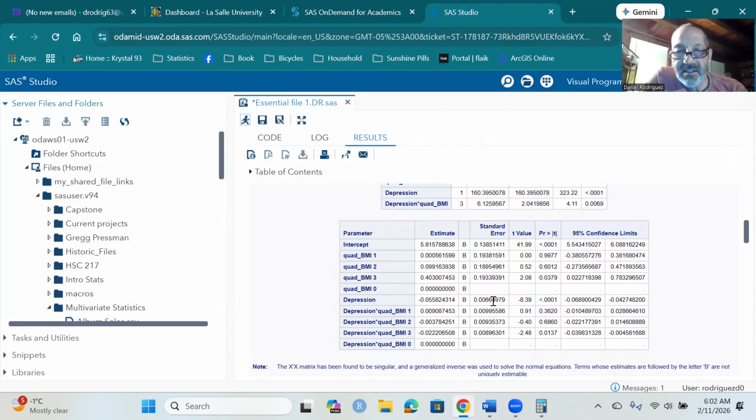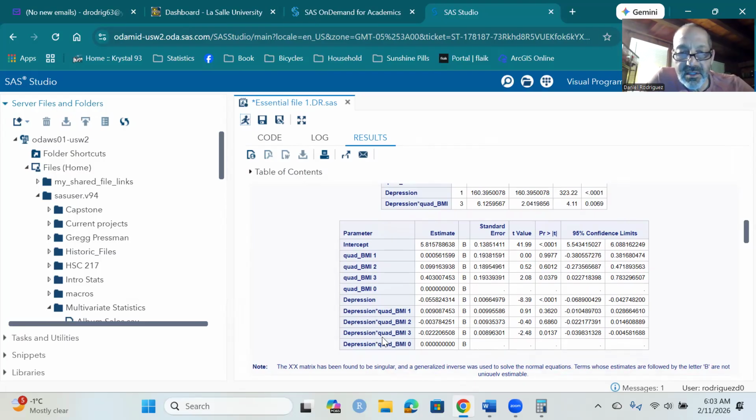So it has a significant effect. But because this one interaction is significant, we wouldn't interpret this main effect here. We're going to look at this effect. So one of the effects is significant.